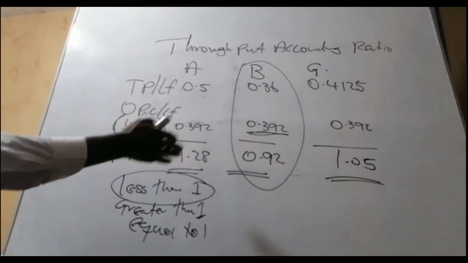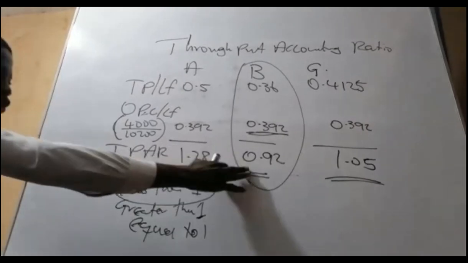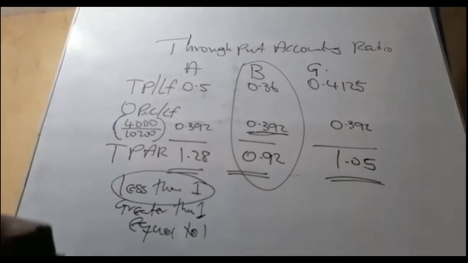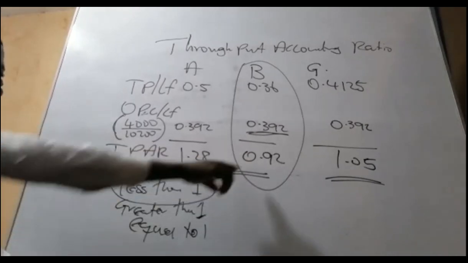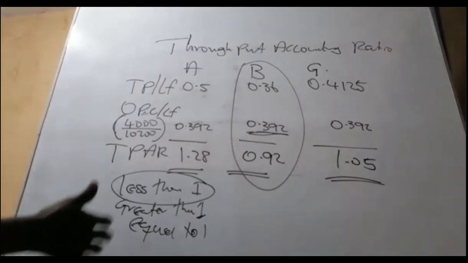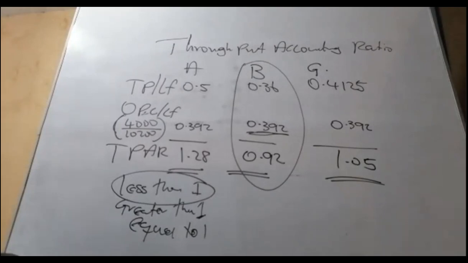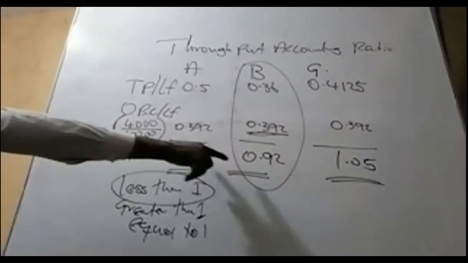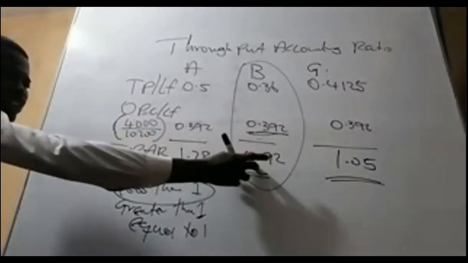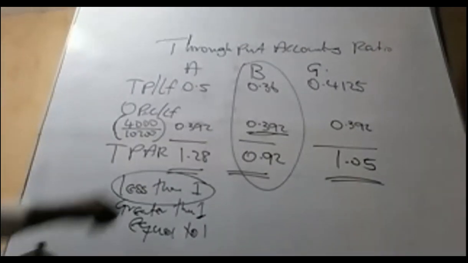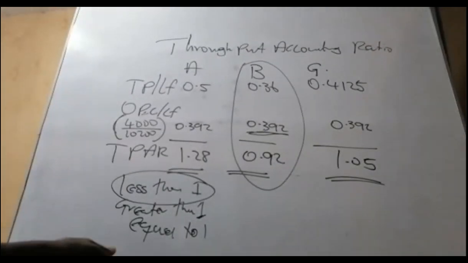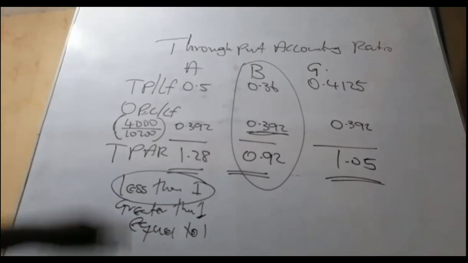Since the throughput accounting ratio is less than 1, the operating costs are more than the return or the throughput, and hence that product is unprofitable. Don't just say straightforwardly that the product is unprofitable. Give a basis: because the throughput accounting ratio is less than 1, the operating cost is more, or the return is less. That makes it unprofitable.